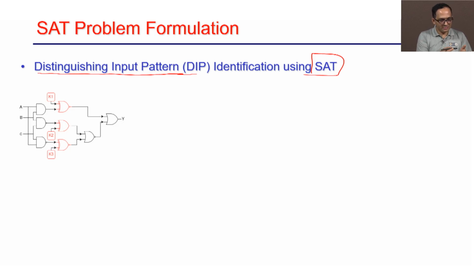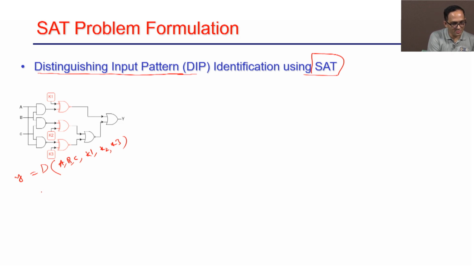Let us take a locked design. Let us say I have taken this design, D, which has A, B, C as the inputs, and K1, K2 and K3 as the keys, which are also inputs to the design, and the output is Y. This is the circuit I have. I can write the equation corresponding to Y, which is very easy to do.